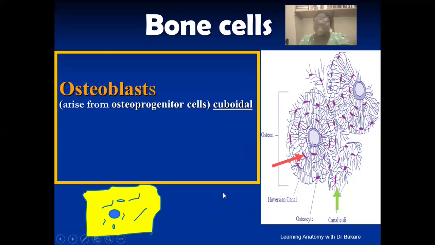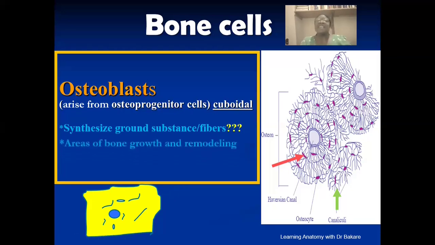And the basis behind this is to create the space for them to be able to synthesize the extracellular matrix. So this osteoblast is seen to produce the ground substance and also the fibers that we initially described. So these cells are actually responsible for this production. And for them to be able to produce these substances, they need to create space within their cytoplasm. And this is why they are seen to be cuboidal in shape.